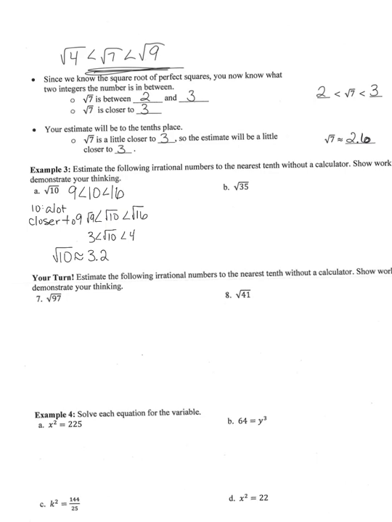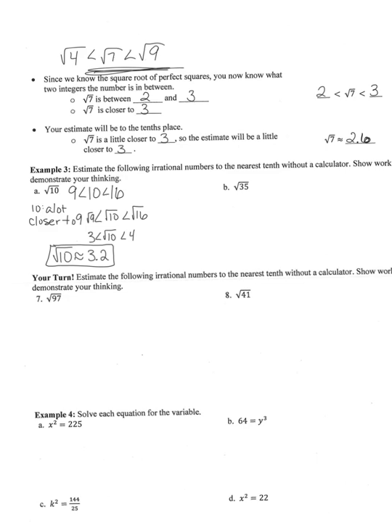Now, if you were to give me 3.1, that would be okay. It cannot be 3, though, because we know that 3 is the square root of 9. So our answer here for estimating what irrational number the square root of 10 would be is approximately 3.2. And now let's do the same with B, the square root of 35.